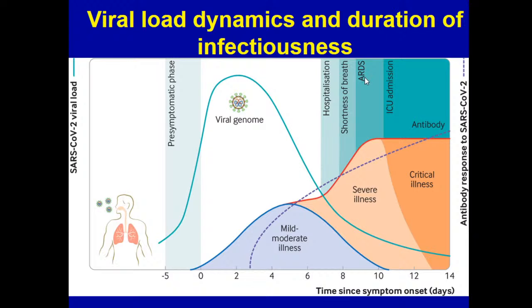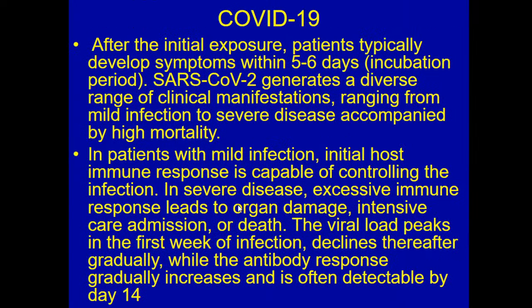This is designated as ARDS. And then, beyond severe illness, it may develop into critical illness when ICU admission is needed, and that may result in death. In patients with mild infections, the initial host immune response is usually capable of controlling the infection.